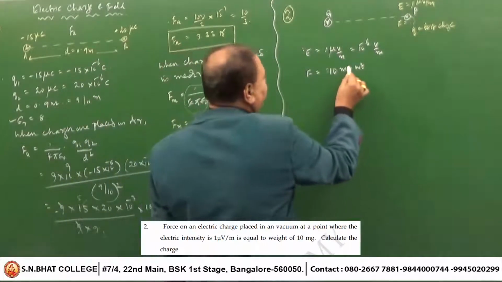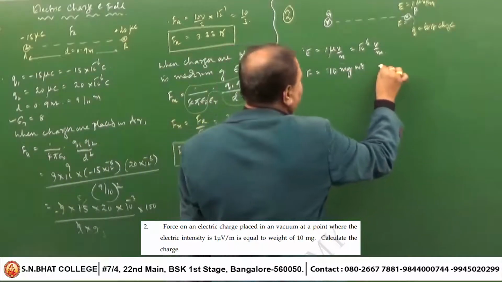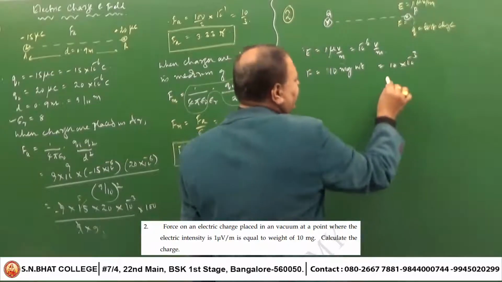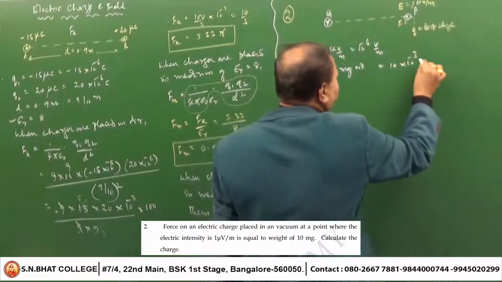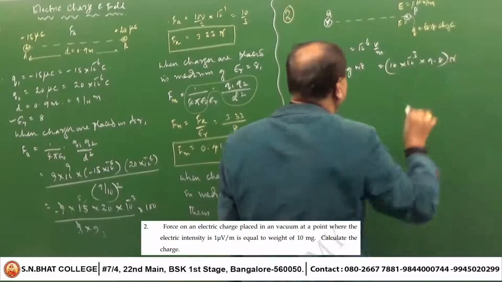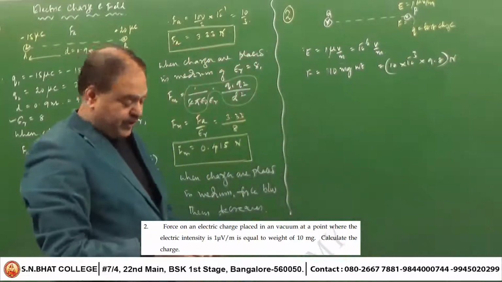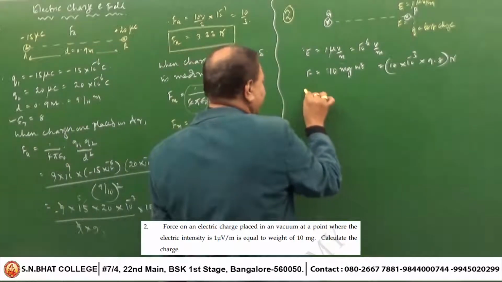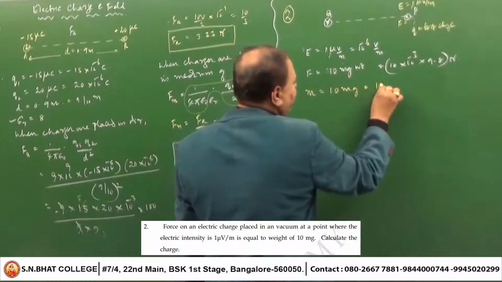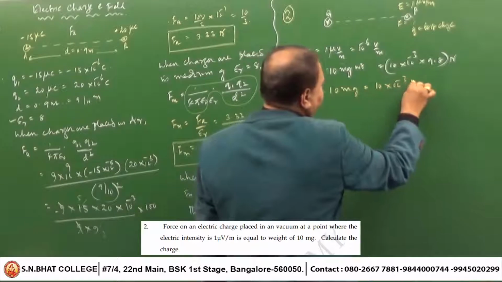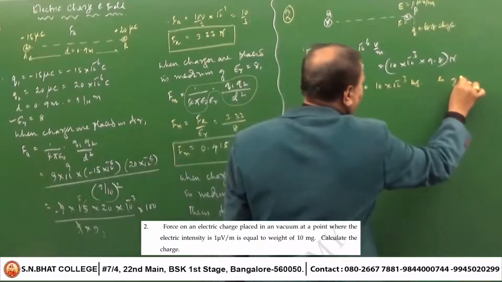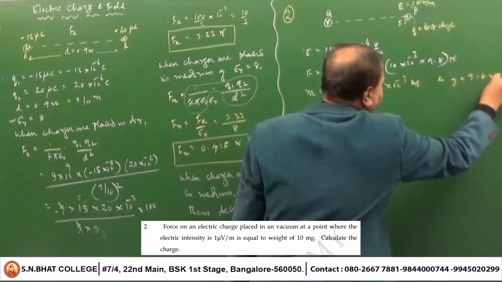He has given the mass of 10 milligram, which is 10 into 10 to the power of minus 3 kg. This is the mass, okay? And into 9.8, because your force is m into g. If you want still more clarification, your m is equal to 10 mg, that means 10 into 10 to the power minus 3 kg. And g value is equal to 9.8 meter per second square.